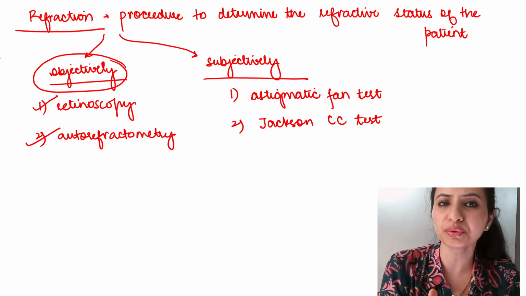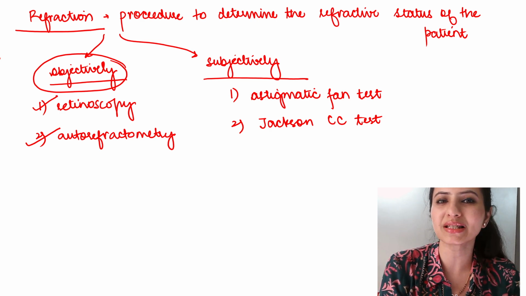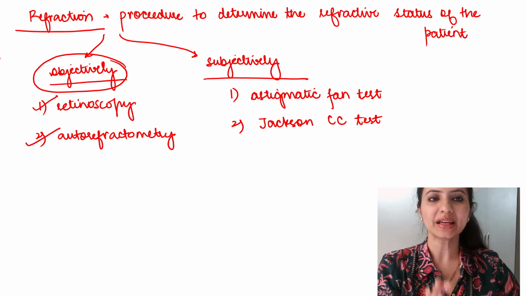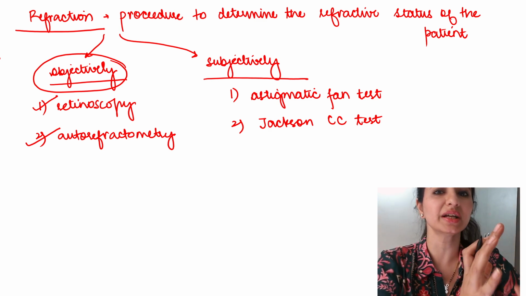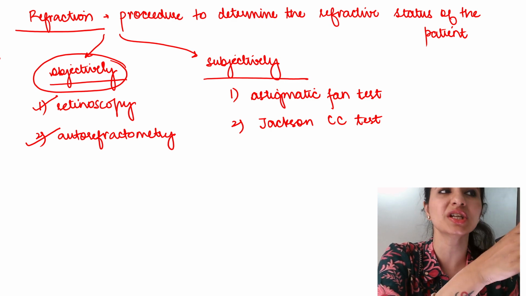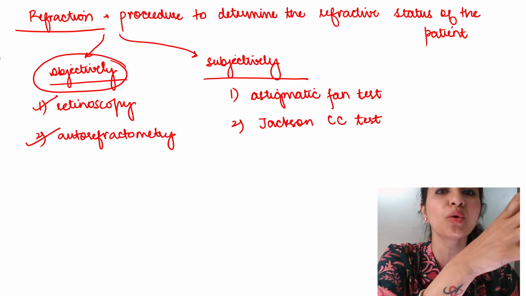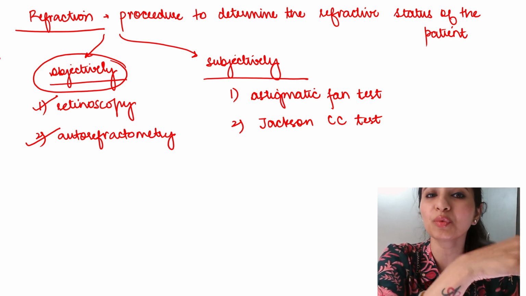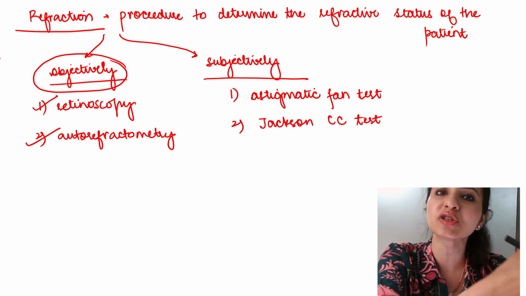Now, what is autorefractometer? A lot of you must have gone to an ophthalmologist once in your lifetime, in which you are made to sit on a stool and you are made to look inside a machine that has either a house or a scenery. And what the doctor does is the doctor captures your image.